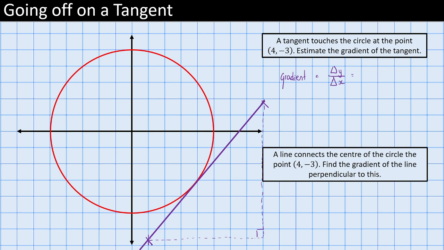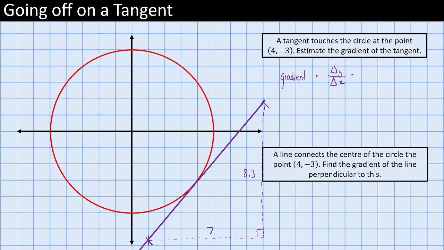So what have I done? I've gone across 1, 2, 3, 4, 5, 6, 7. I've gone across 7 squares, and I've gone up 1, 2, 3, 4, 5, 6, 7, 7.5. That's like 0.8. So 7.5 plus 0.8. That's not pleasant. Why did I do this? This is 8.3. Roughly 8.3 squares up. It says estimate.